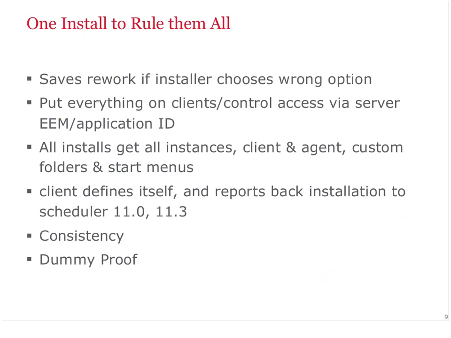So I think we're a little unique in that we put an agent and client everywhere, and for all the instances that we have for that version. So about 6 instances for 11.0, 6 instances for 11.3. Same everywhere, no options. And we control everything on the top end.